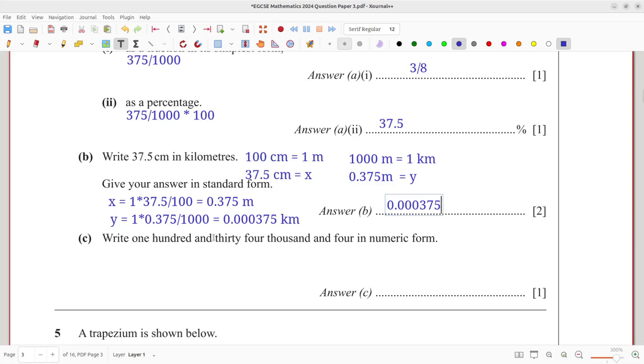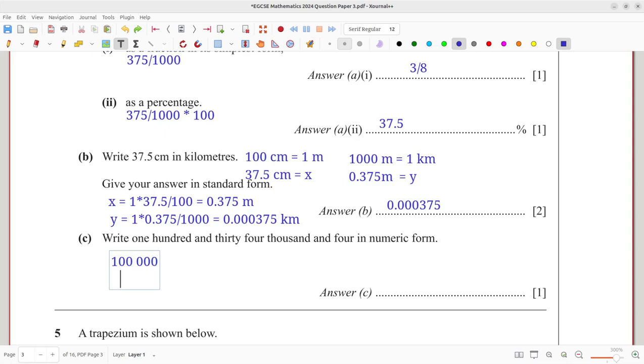Write 134,004 in numeric. So to do this, let's do it in this format. This is 100,000. Ignore the rest, then write 100,000. Then next, it's 34,000.